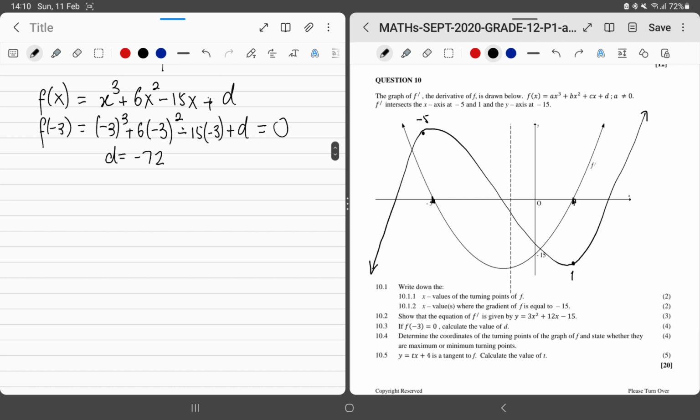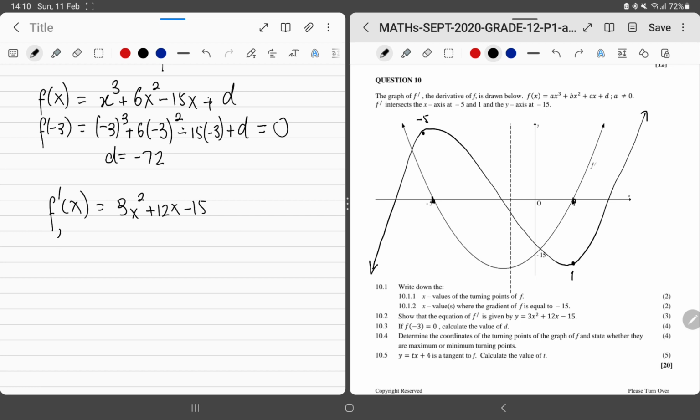So this question becomes even easier if you know integration. So I'm just going to do this for those of you that are able to integrate. We are given f prime is equal to 3x squared plus 12x minus 15.